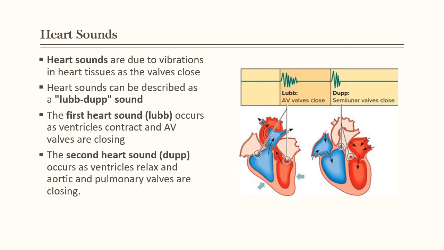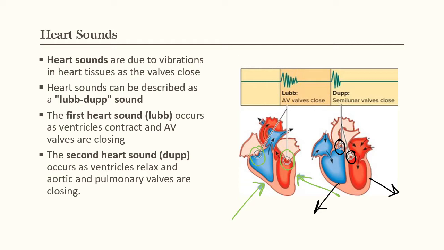There are two heart sounds, the first heart sound and the second heart sound. The first heart sound is produced during ventricular systole due to closure of the bicuspid valve and tricuspid valve. The second heart sound is produced during ventricular diastole due to closure of the aortic valve and pulmonic valve.